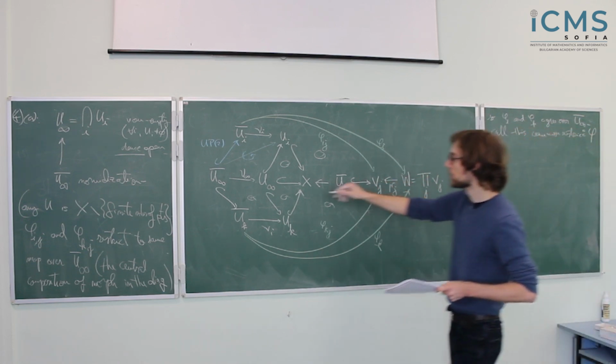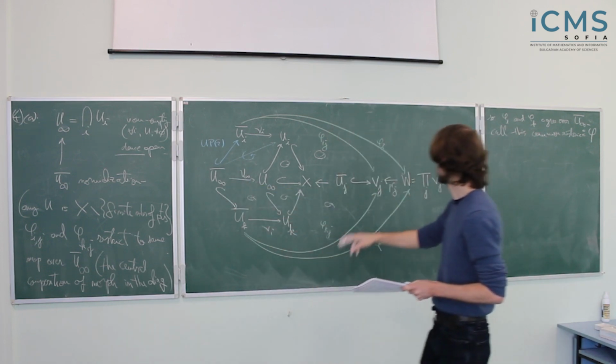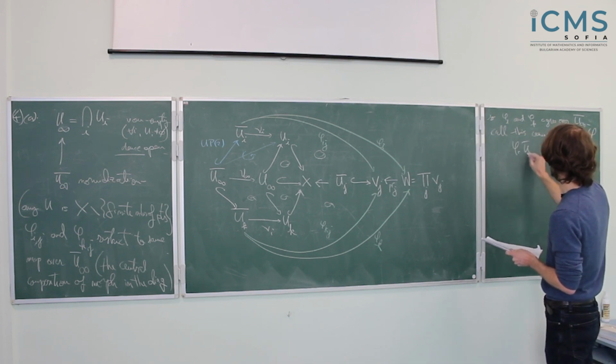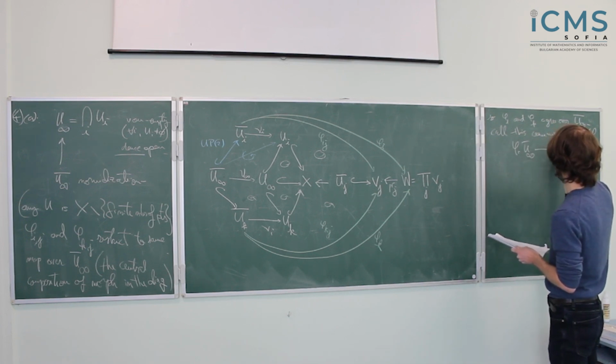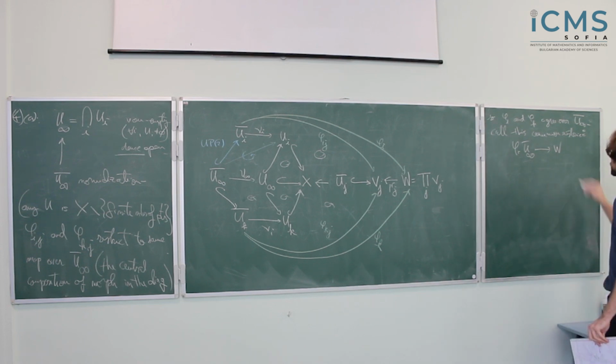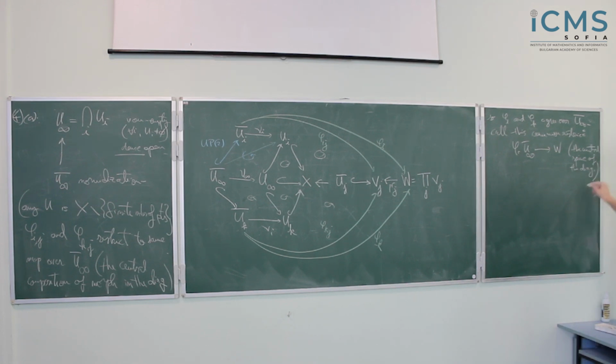So this big morphism goes from U infinity to W. So this is the central map, the central spine of the diagram.